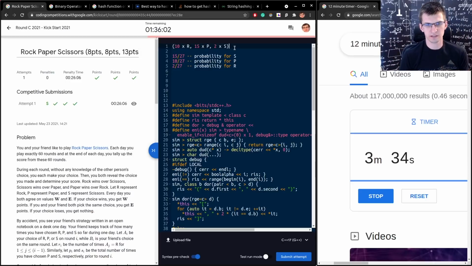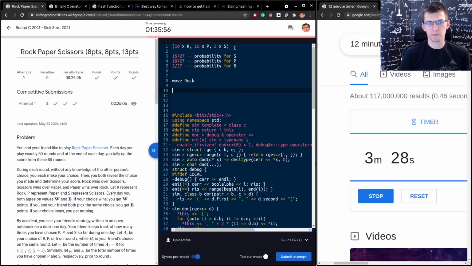In total that's 27. So when I consider moving rock, then I have some probability that he moves scissors. So this is the expected win for me. With this probability I win this much. Also with this probability I tie. And then I move to the state described by values 11, 15, 2.